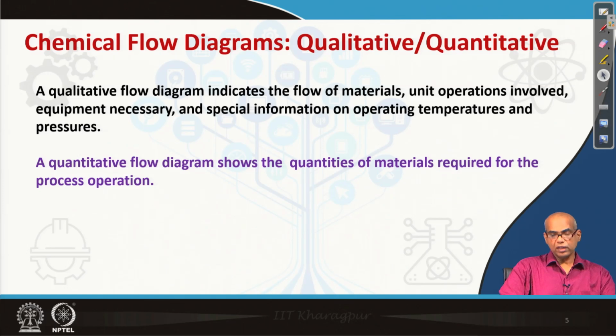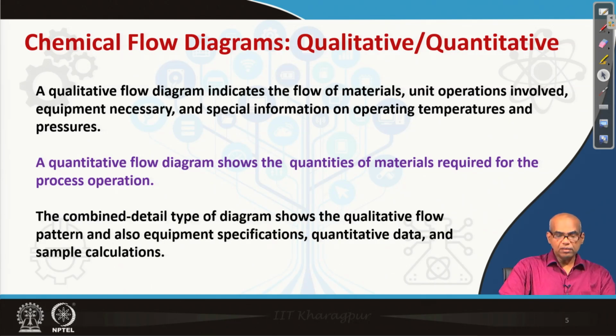A quantitative flow diagram shows the quantities of materials required for the process operations. The combined detail type of diagram shows the qualitative flow pattern and also equipment specification, quantitative data and sample calculations. So, this is basically a combination of qualitative flow diagram and quantitative flow diagram.